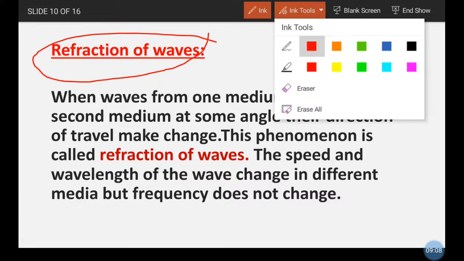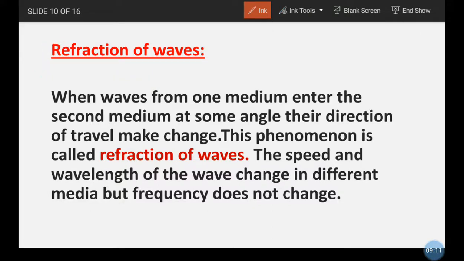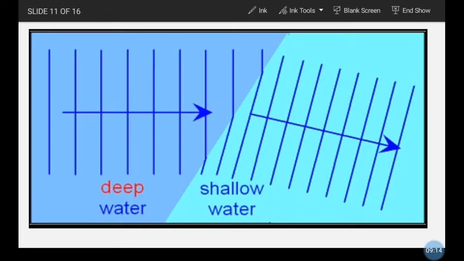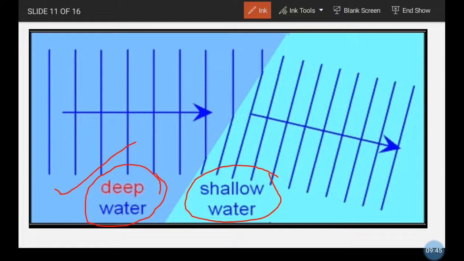Okay, let's see the diagram. For example, when the wave enters from deep water into shallow water, as you are seeing in this diagram, this is the deep water and this portion is known as the shallow water.